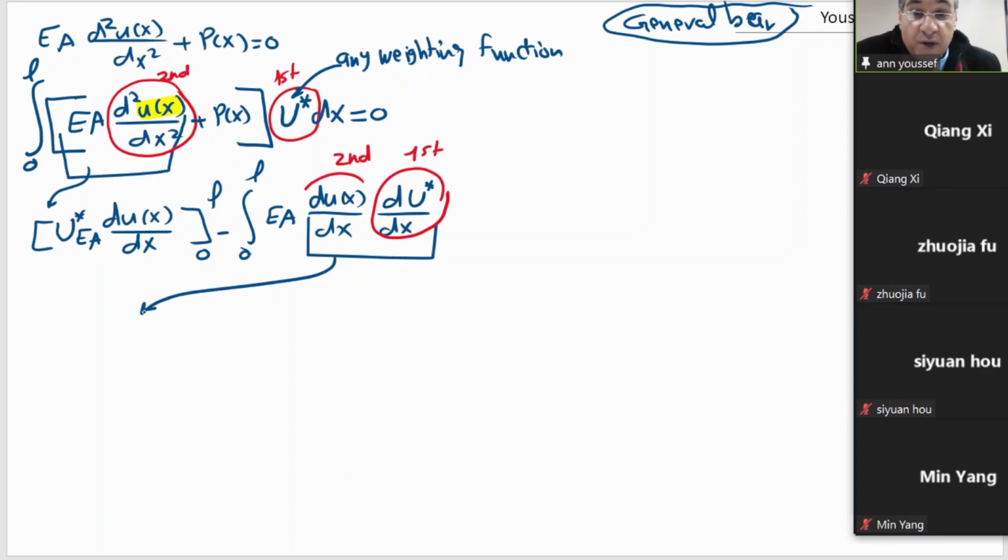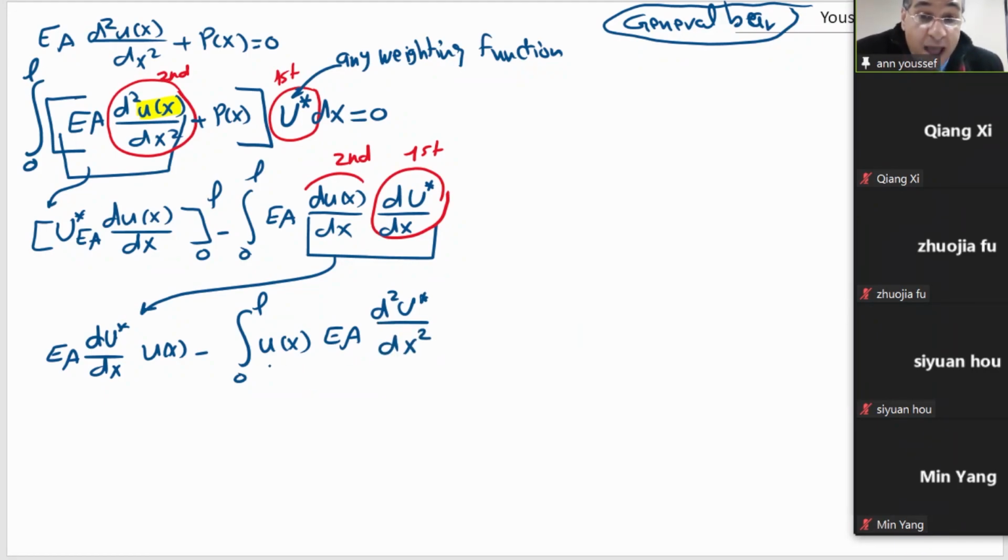So this part ends up as the first function, du asterisk by dx, times EA times the integral of the second, which is u of x, minus the integral of the previous integration, which is u of x times the derivative of the first function, EA times d2u asterisk by dx squared. So now I moved all the differential operators from u to u asterisk.